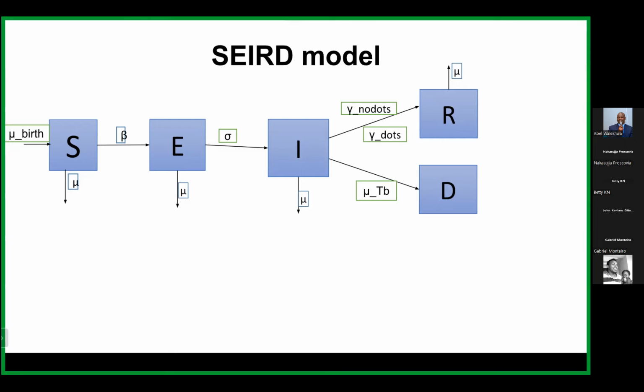Yes, that is true. But they're dying of natural death, though. It's not directly. But again, from the biology of the disease, we know that if somebody is infected with TB, they are prone to other opportunistic diseases like HIV, it compromises the immunity.